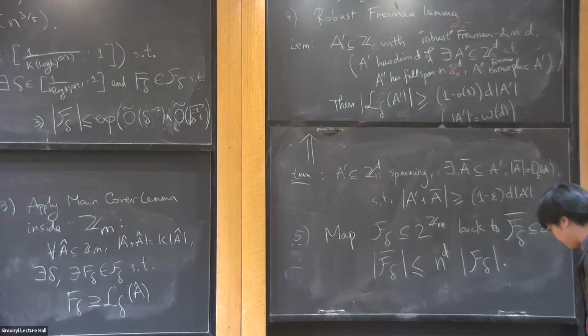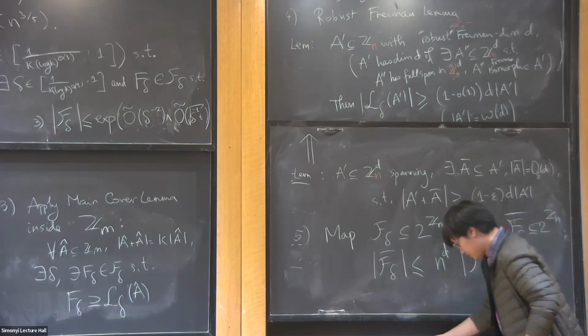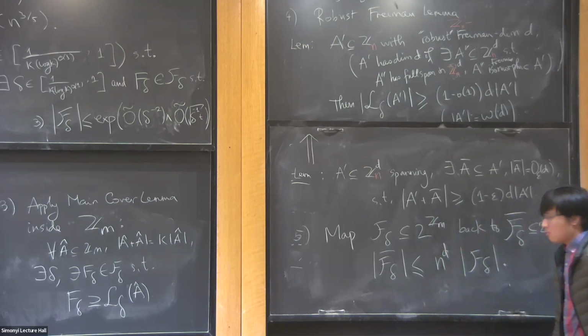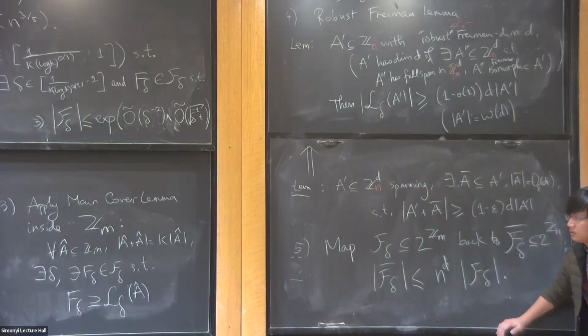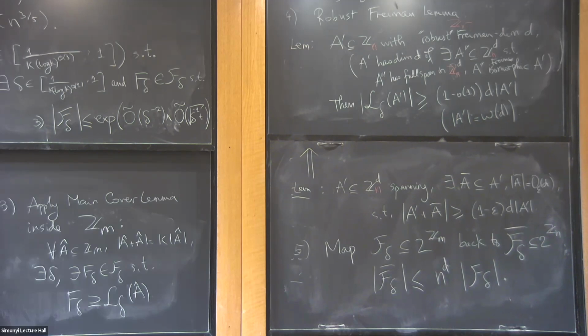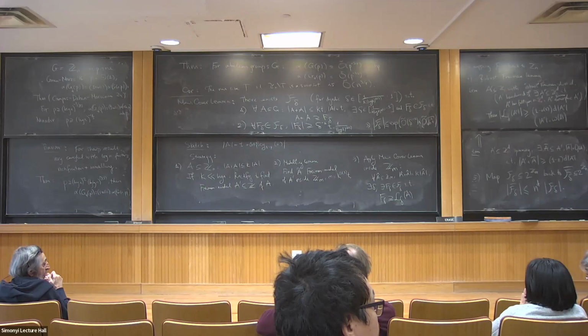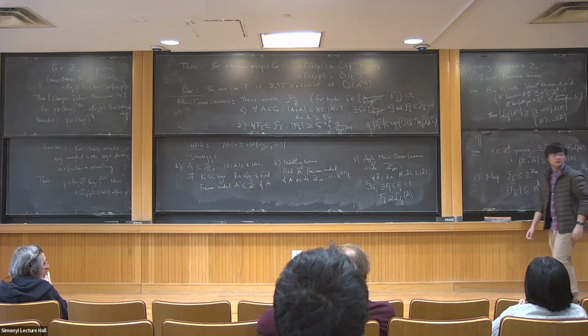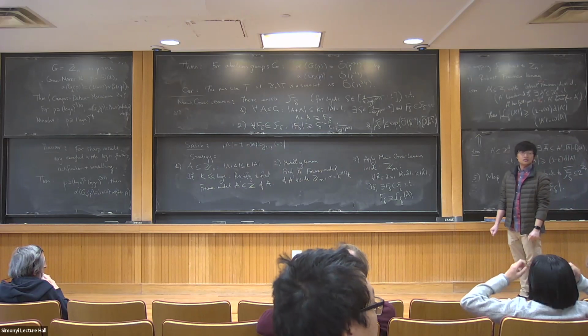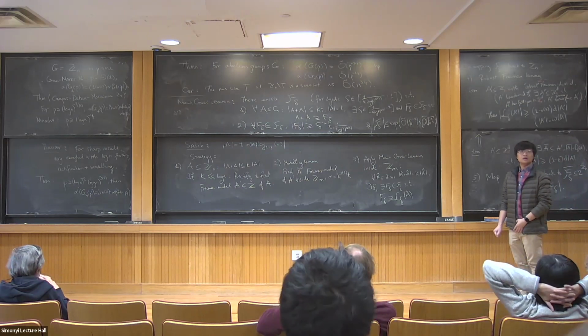Question? So you have two fairly different ways of upper bounding F delta there. Currently you're just saying, okay, you take the minimum, whichever one does better.